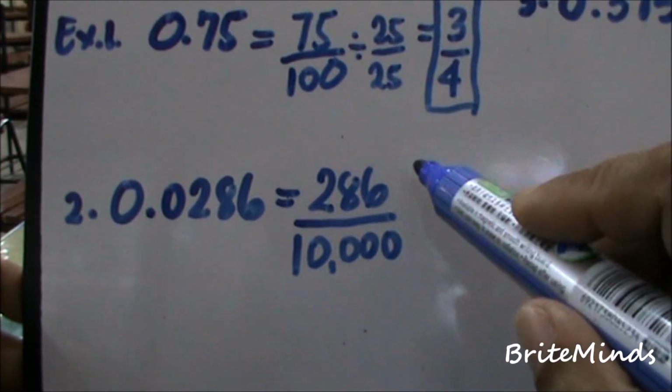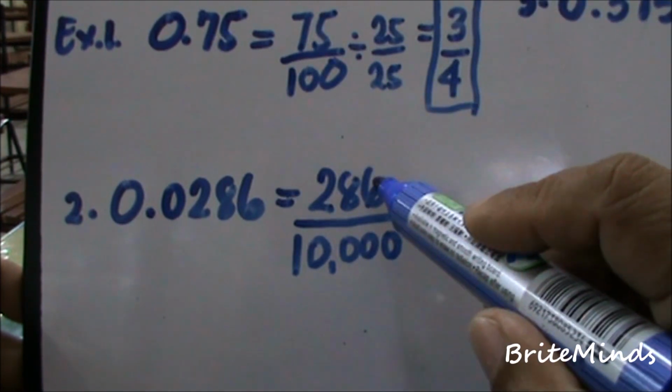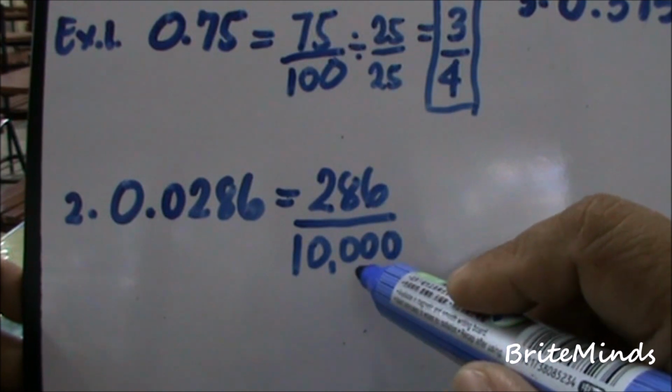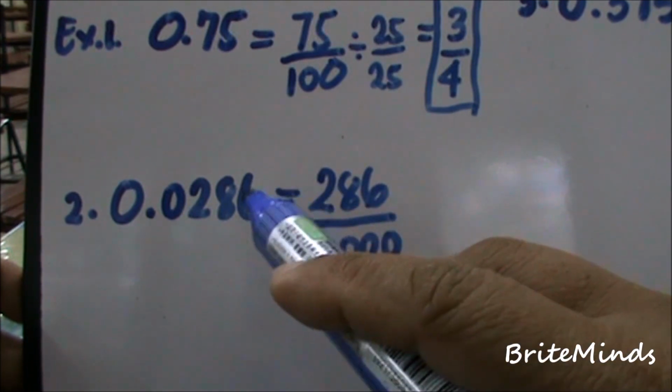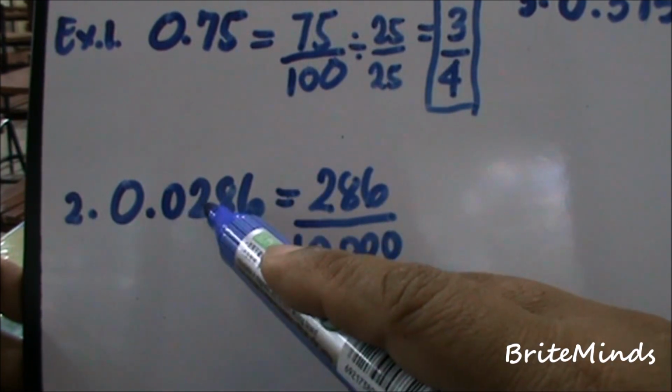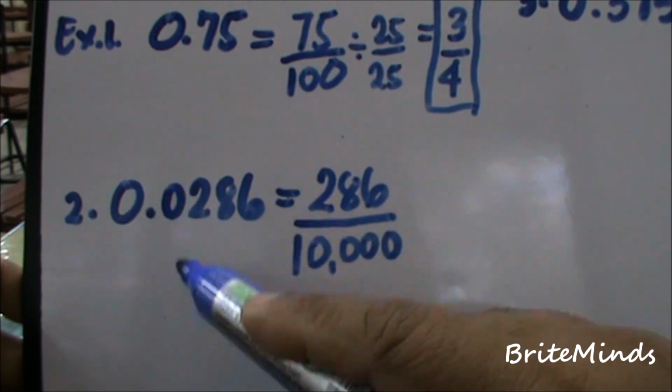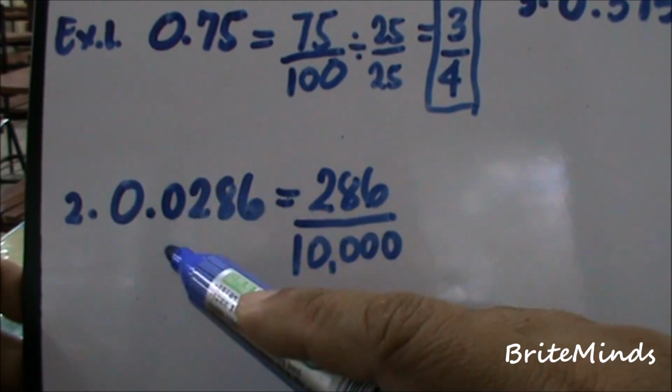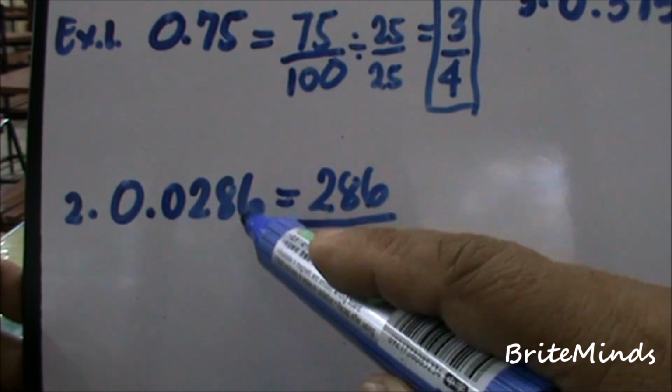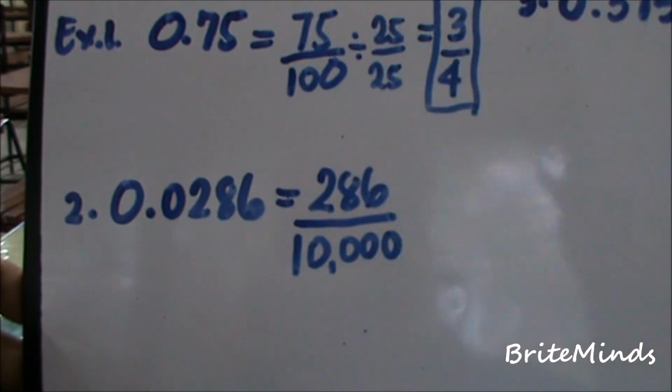Because if we are going to divide 286 by 10,000, the result will be 0.0286 or 286 ten-thousandths. And then we need to reduce it still to lowest terms.